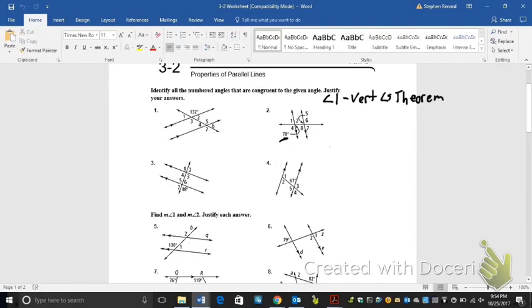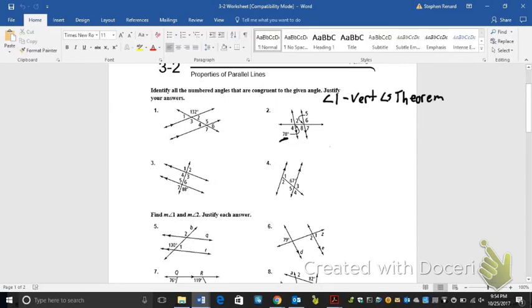I want you guys to identify. Remember, what the question's asking is not just to identify the congruent angles, but also to justify your answer. Justify means tell why you're right. So not only do you need to identify that 1 and that 78-degree angle are congruent, but you need to justify why they have to be so.